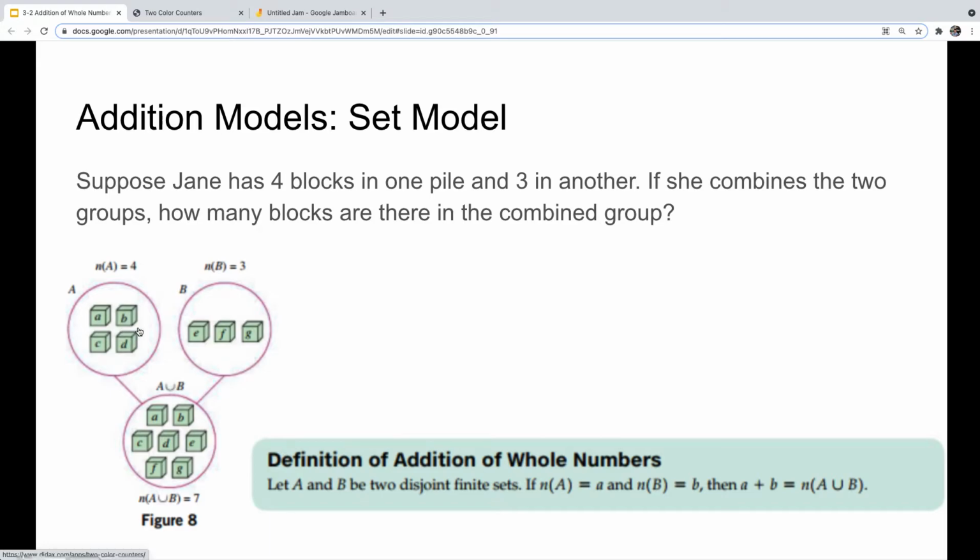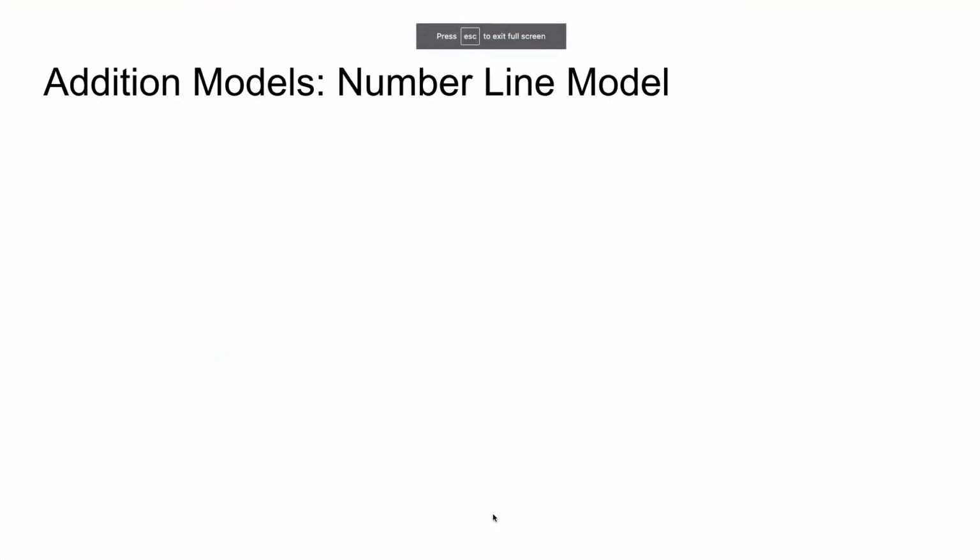Then let the number of elements in set A be lowercase a, and let the number of elements in set B be b. Then a plus b is the number of elements in A union B. Okay, that's what the set model is for.